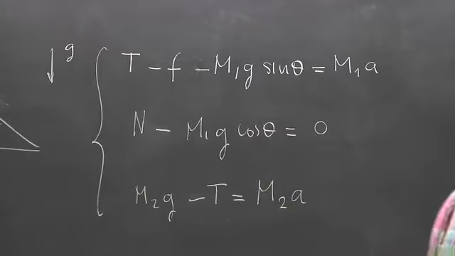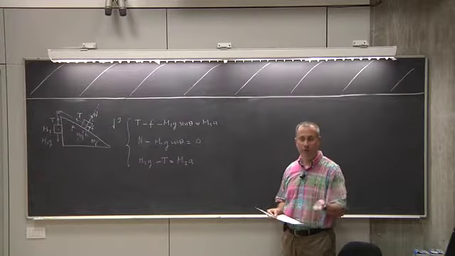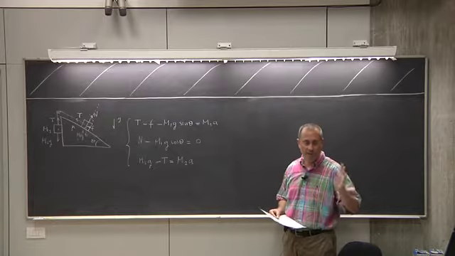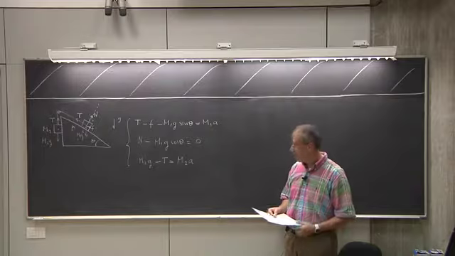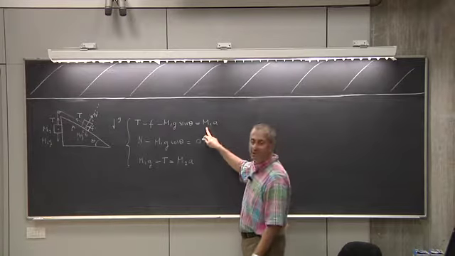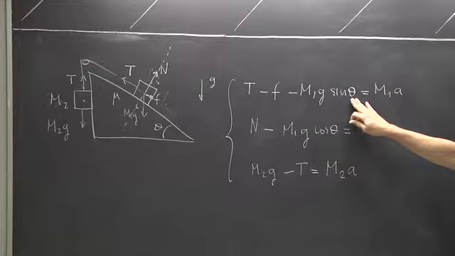So how many unknowns do I have here? Unknowns are things that I don't know yet. I'm supposed to find out what their values are. So how many? m1 is given, right? g is given, and theta is given.